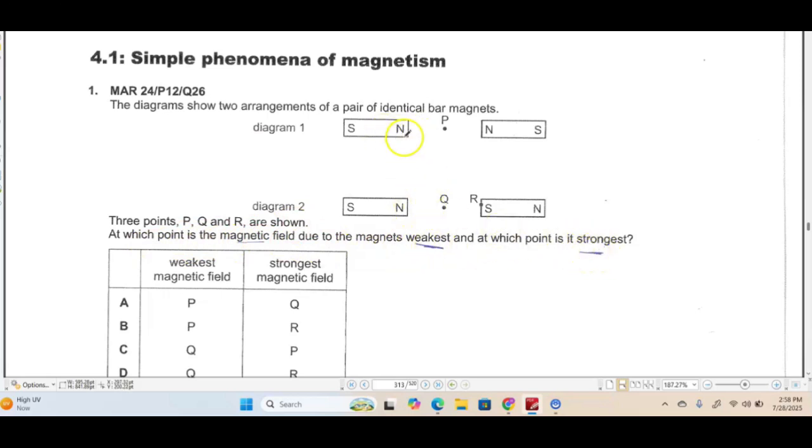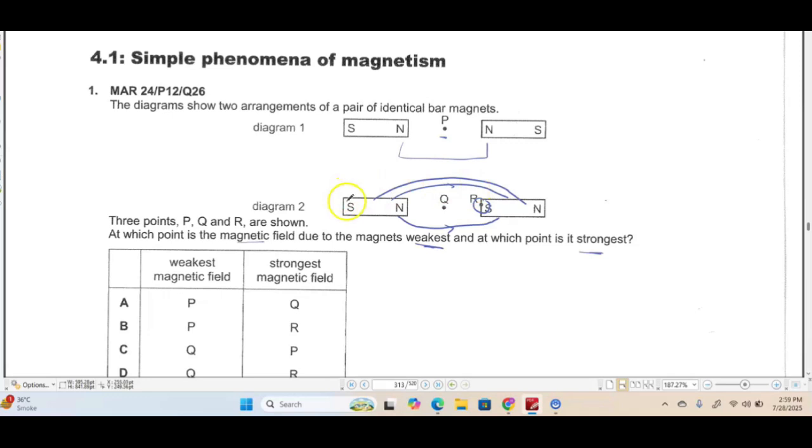Okay. So these two magnets are kept with like poles towards each other. So obviously the magnetic force is going to be the weakest over here. And over here these are two unlike poles. We know that the magnetic field is from north to the south, and over here it's going to be stronger than in the middle.